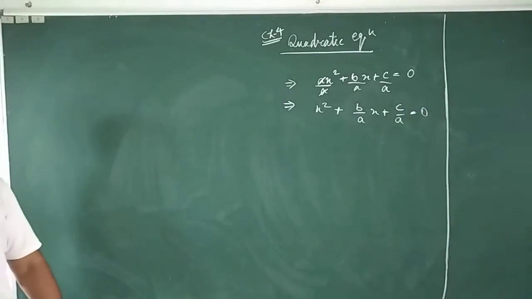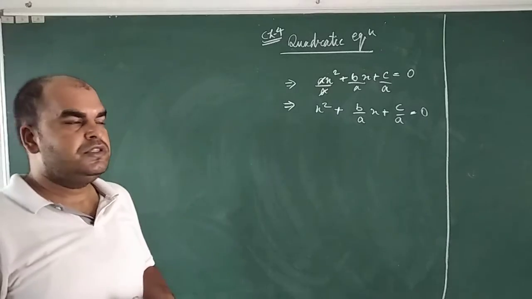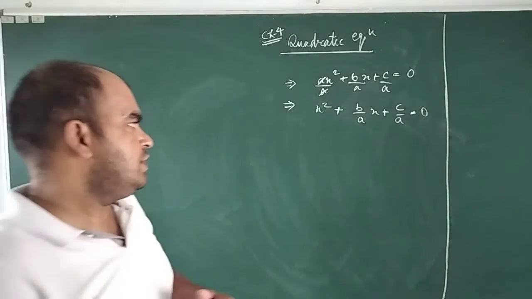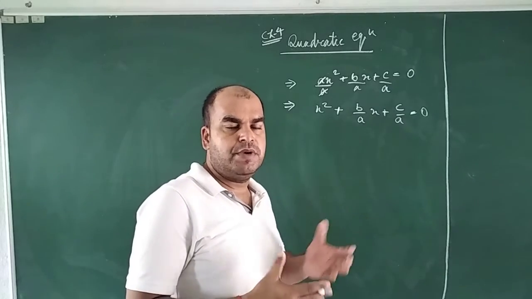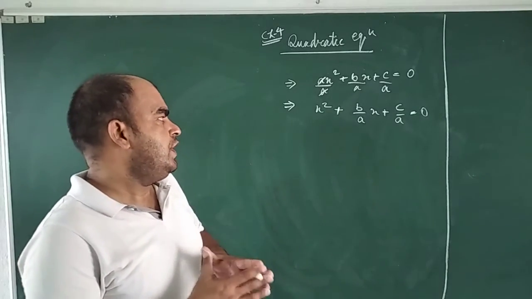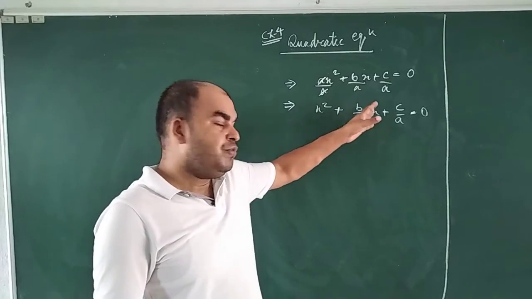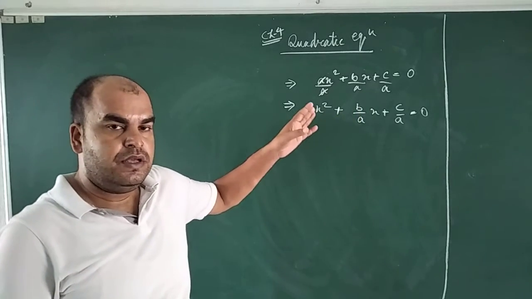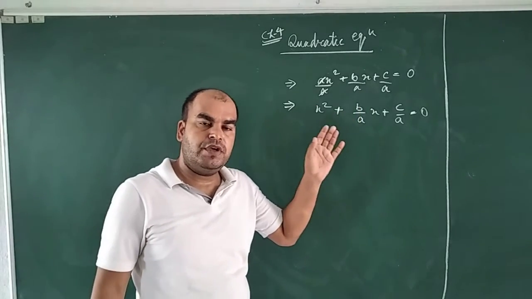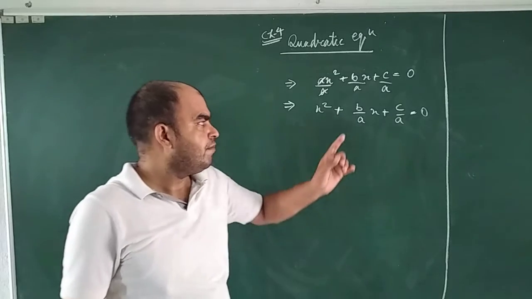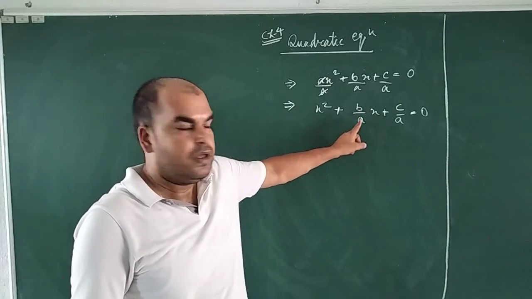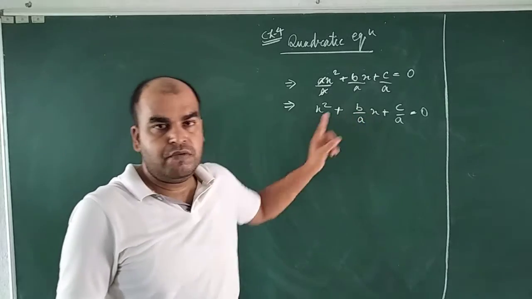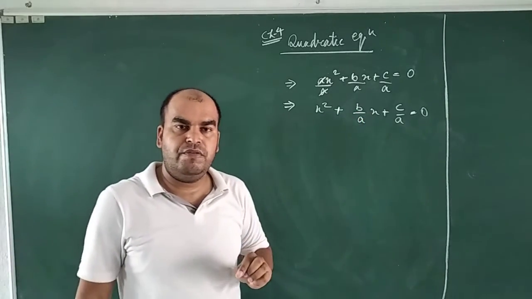Now after this we have to use the completing square method. What we can do is add and subtract the square of half of the coefficient of x. You can see the coefficient of x is b upon a, and what is half of b upon a?